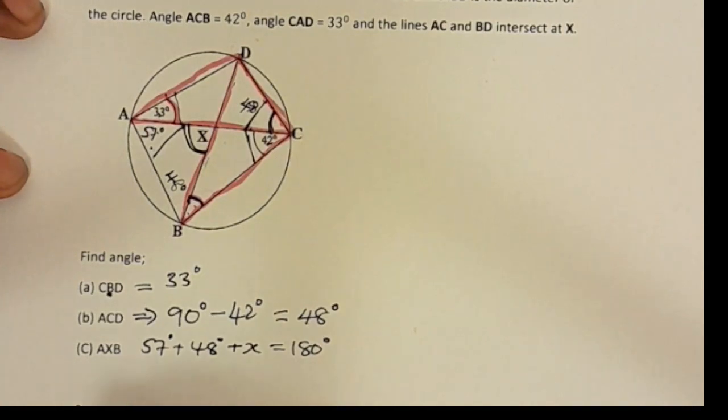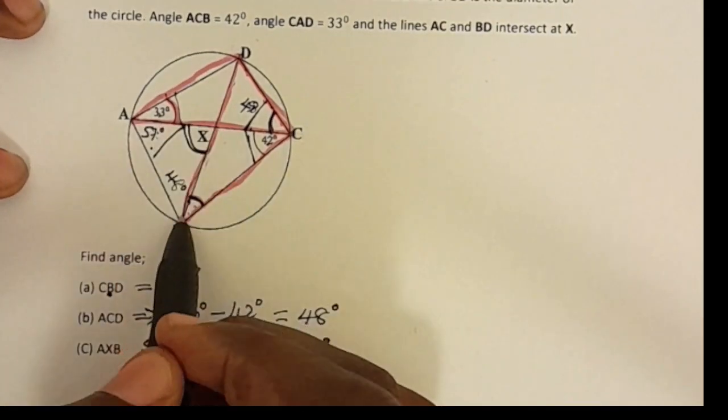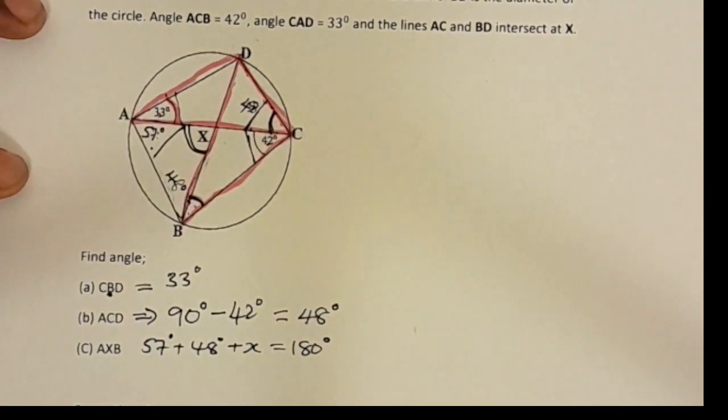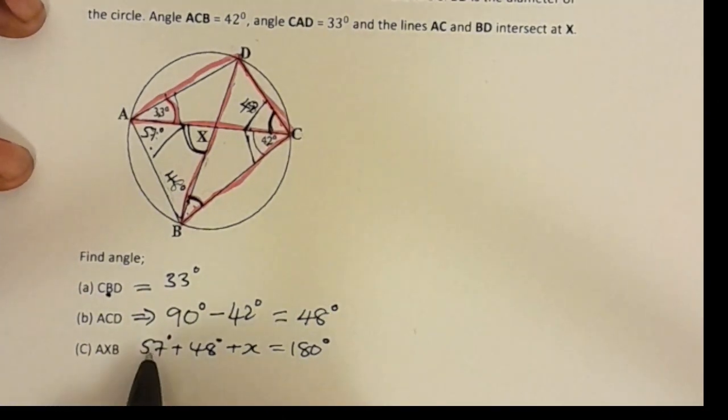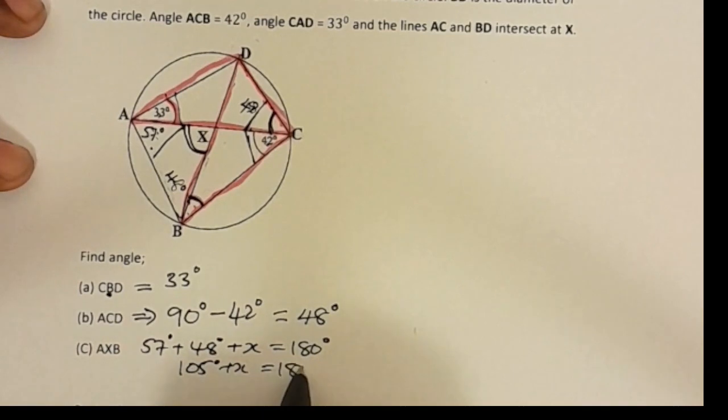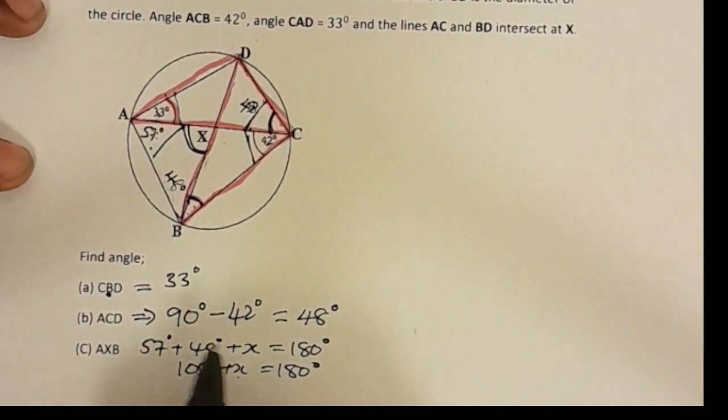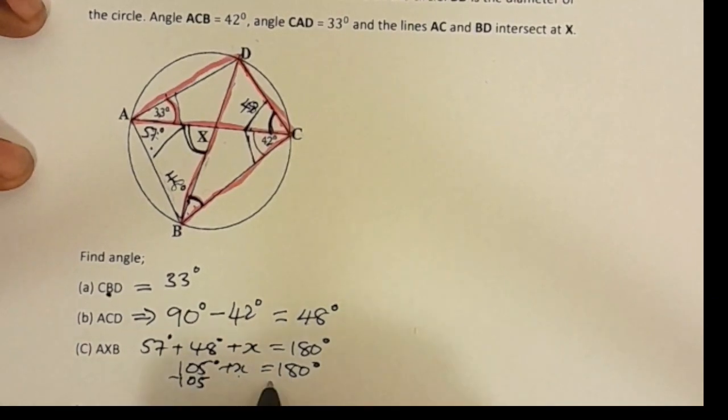Reason: angles in a triangle add up to 180. So 57 plus 48 is 105 degrees, plus x is equal to 180 degrees. We subtract 105 on both sides, so x is equal to 180 minus 105, which is 75 degrees.